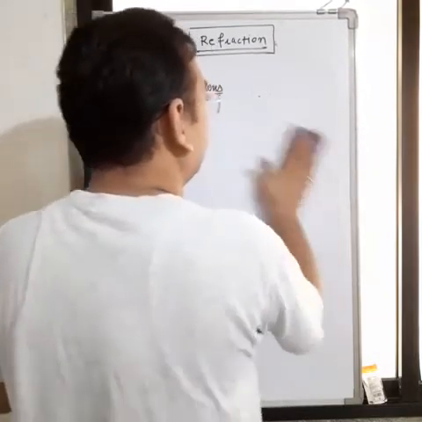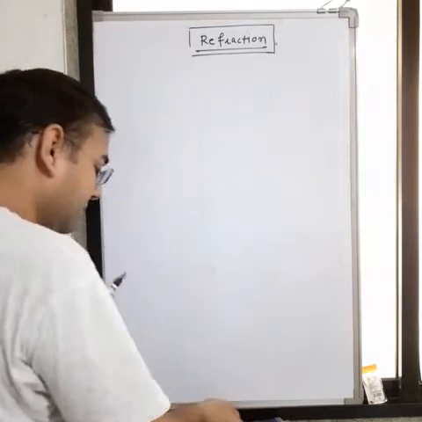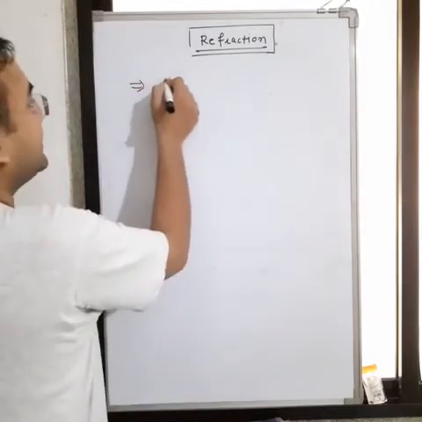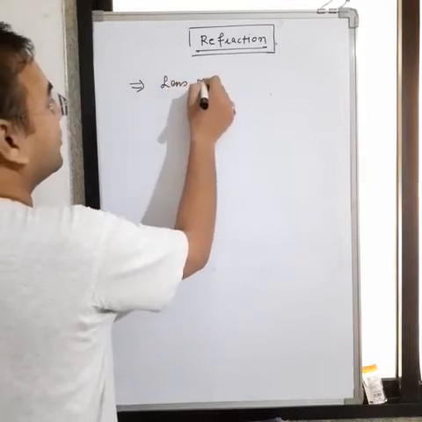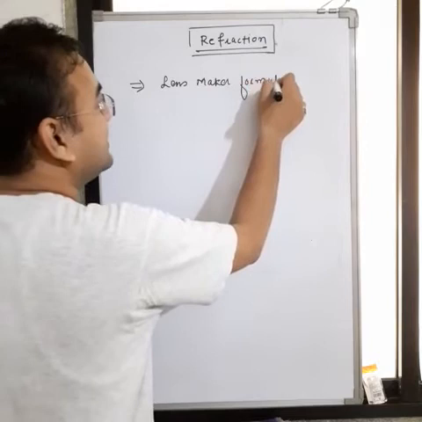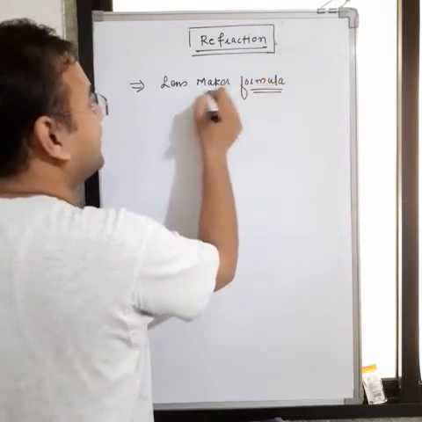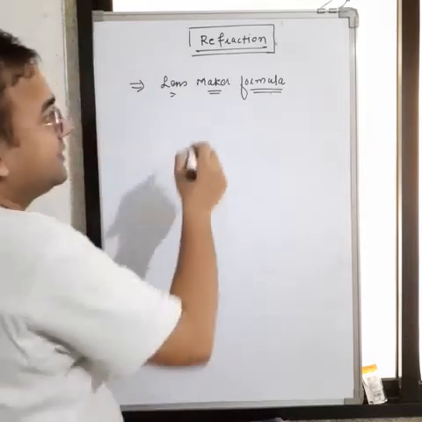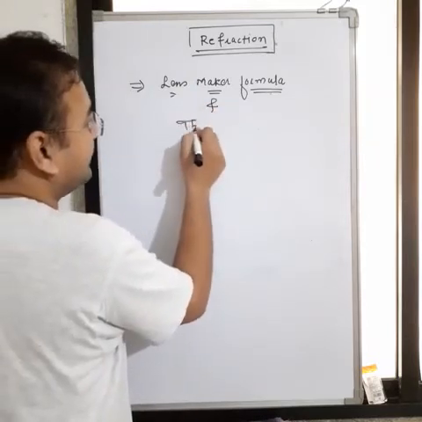For numerical purposes, they give a formula known as the lens maker formula. In 12th standard, detailed derivations of the lens maker formula are given, and this is also known as the thin lens formula.